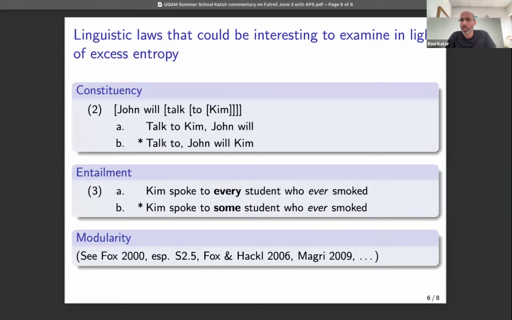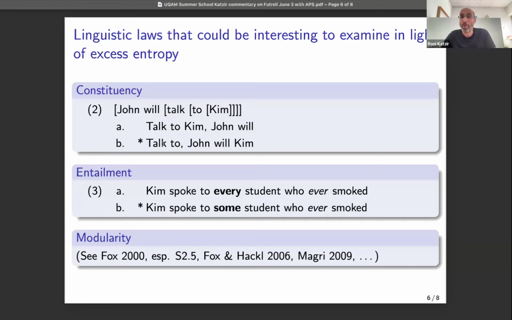Other things that would be interesting to look at are things like the fact that our meaning representations make reference to entailment, and there are reasons to think that. And another thing is that there is some kind of separation of structure in syntax and meaning in semantics with a very tight border.